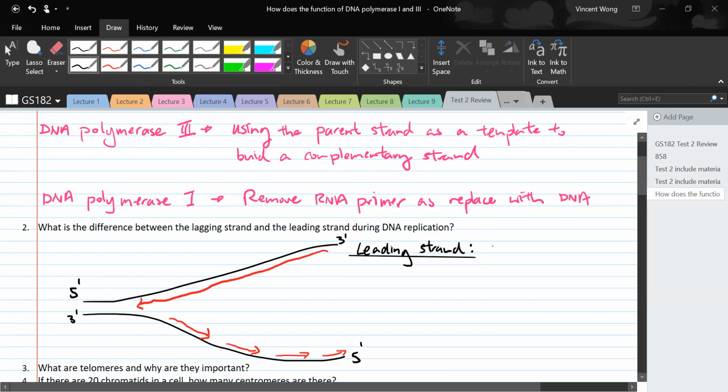So the top strand here is what we call the leading strand. Okay, so it's continuous synthesis, and the direction is moving towards the replication fork.